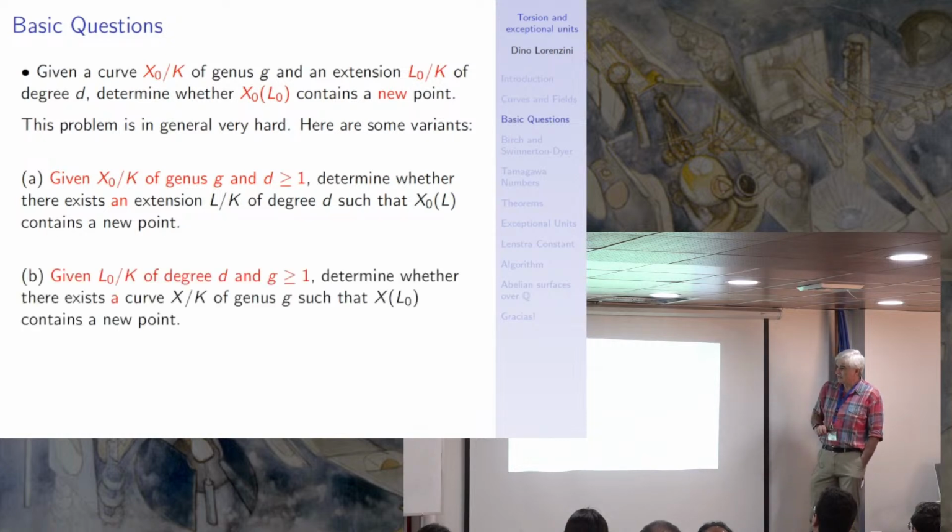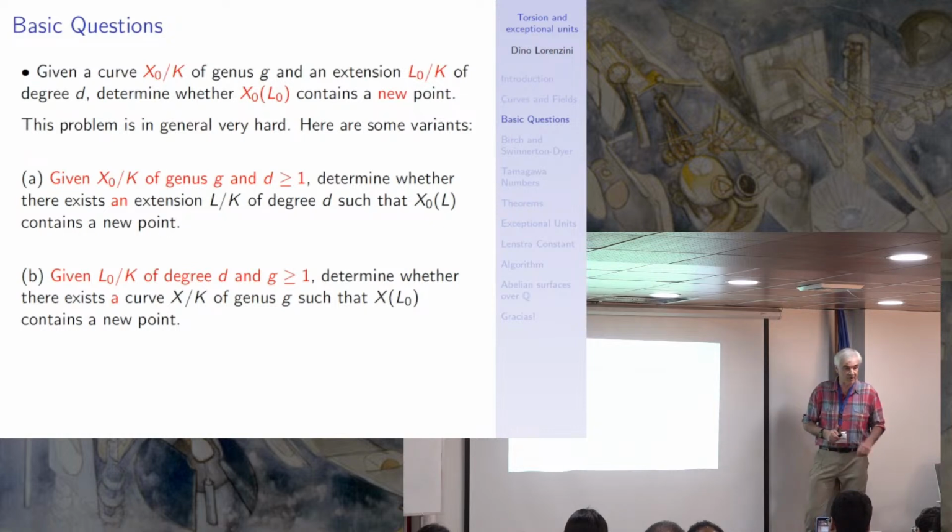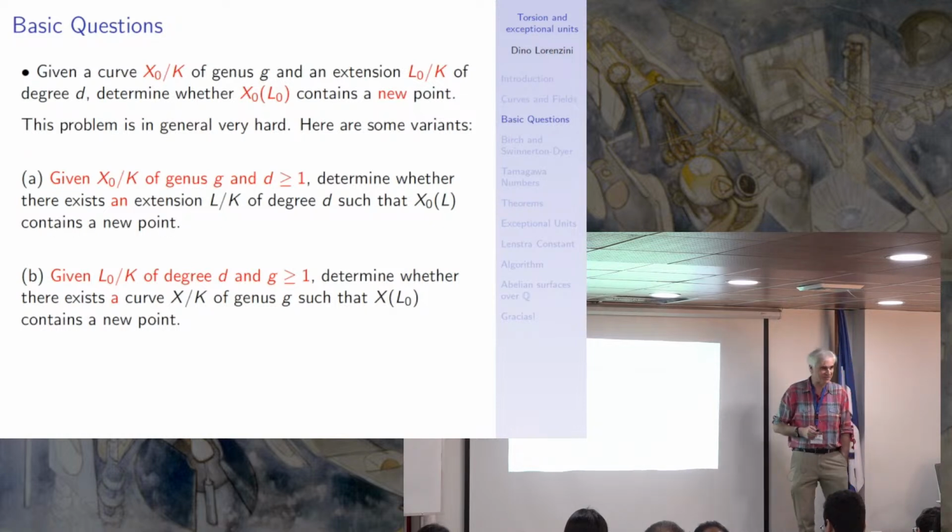The other version is you fix a number field of degree D, and then you fix a genus, and you ask, is there a curve of genus G that has a new point over that given field L0? So two distinct problems, but equally hard, as I'll try to convince you.